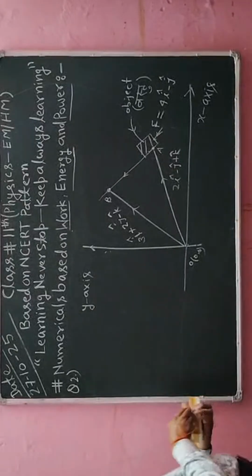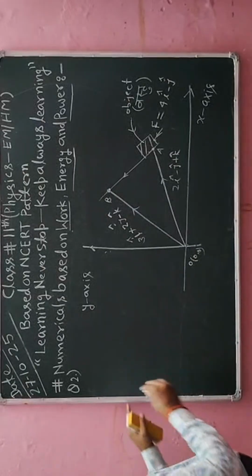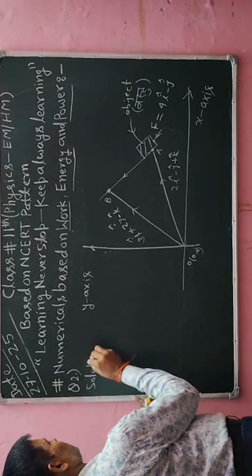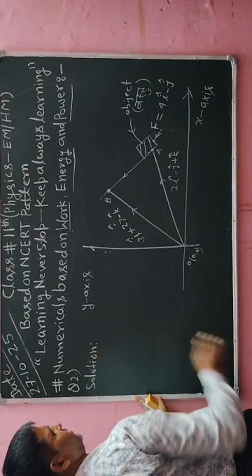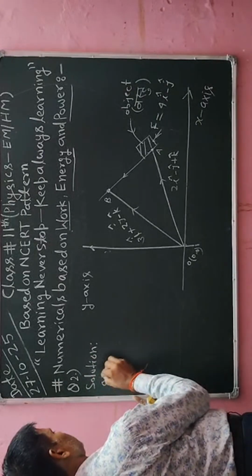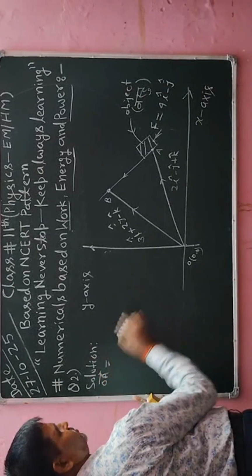Now first of all, in the first step we have to write the solution. After writing the solution, I will write the given information. So the given information is position vector OA, O to A, which is given here.